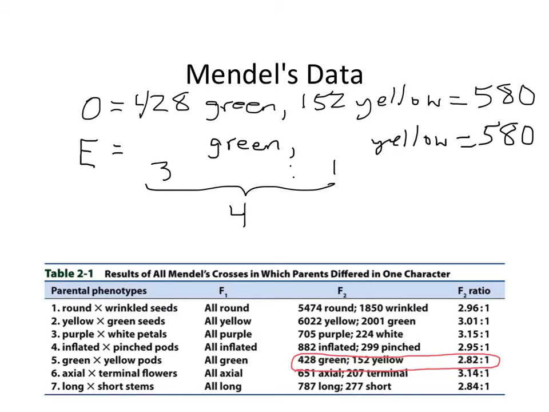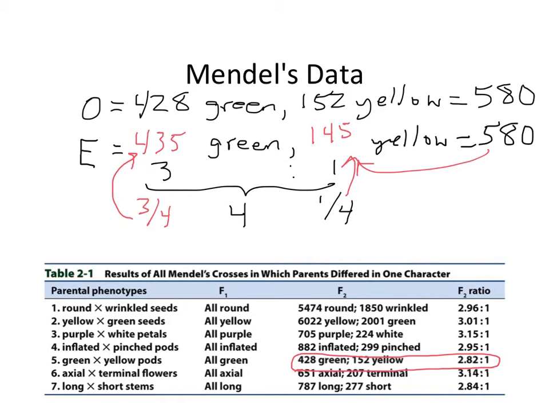A fourth of 580 gives us that number, and 3/4 of 580 gives us what Mendel would have expected in terms of numbers of green pea pods, if he had gotten exactly a 3-to-1 ratio that totaled 580 observed peas. So those numbers would be 145 yellow expected if there's exactly a 3-to-1, and 435 green.